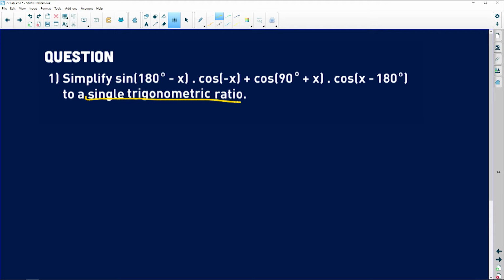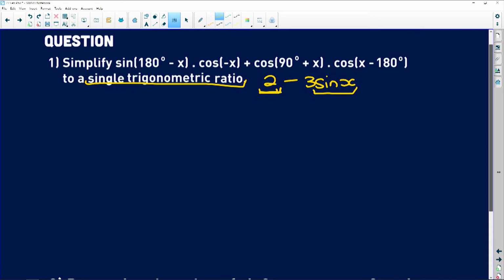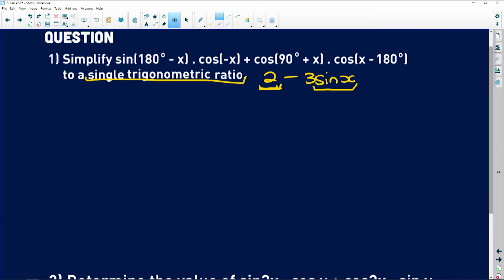Okay, guys, when you get single trigonometric ratio, even if you end up getting 2 minus 3 sine x, which hopefully you don't, this is not a ratio. That is fine. That is still a number. It is totally fine. We're just looking that you've reduced everything to be in terms of sine or cos or tan. Okay, so in this question, we need to break down each term really slowly.